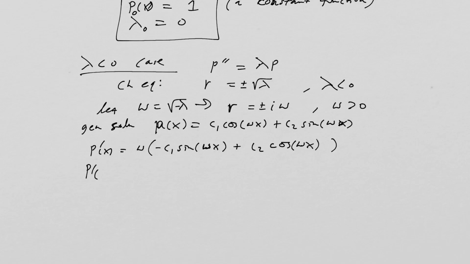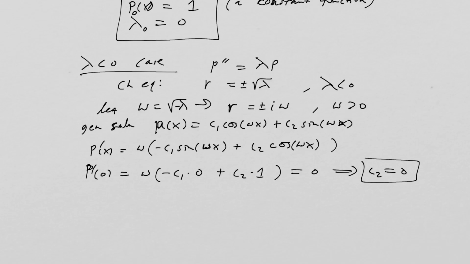So if I go P prime at 0, that's going to be equal to omega times negative C1 times 0 plus C2 times 1, and that's equal to 0, which means that C2 has to equal 0.